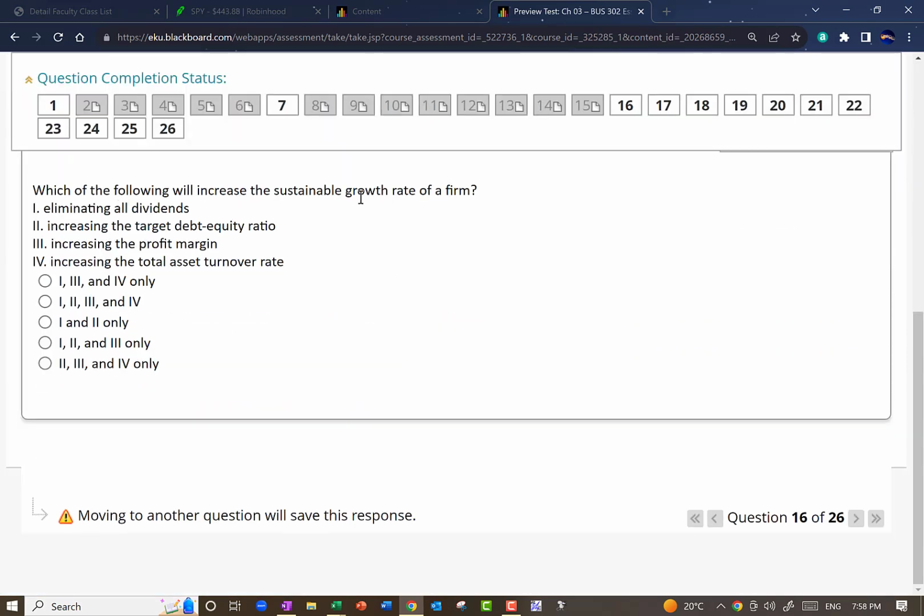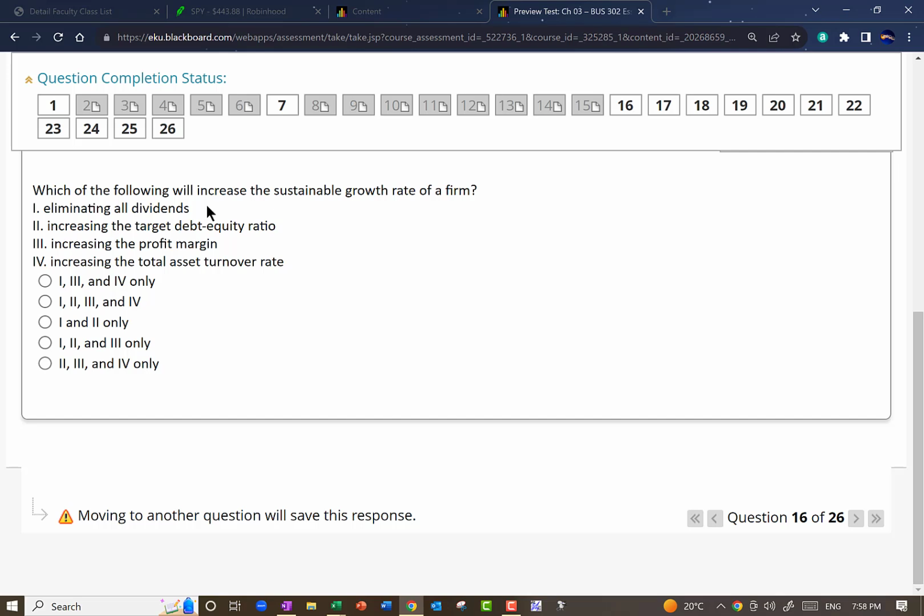Which of the following will increase the sustainable growth rate of a firm? Remember, sustainable growth rate is return on equity times retention ratio divided by 1 minus that. If you eliminate all dividends, what's that going to do? As far as the sustainable growth rate is concerned, it's going to increase the retention ratio.